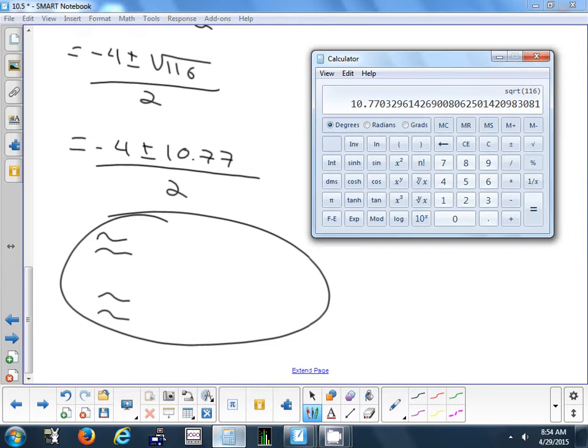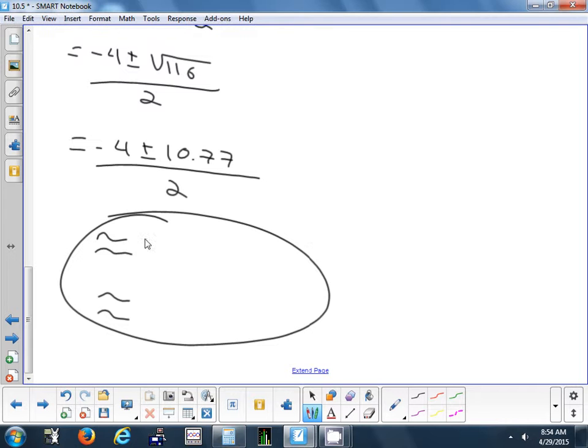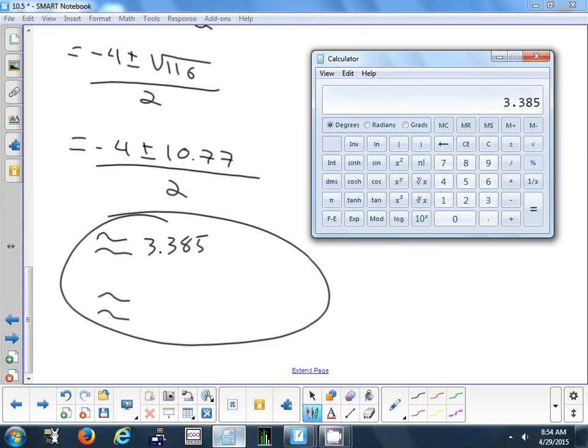Okay, let's do that one first. 3.385. And the other answer is negative 4 minus 10.77 divided by 2. So in theory, there's two answers. Okay, negative 7.385.